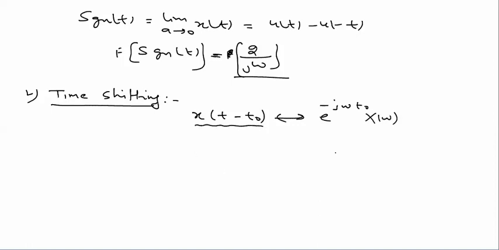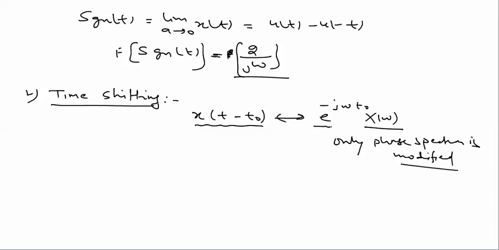With the time shifting, the magnitude spectra is not changed. Only the phase spectra is modified by this amount. A linear phase is added by the time shifting property.